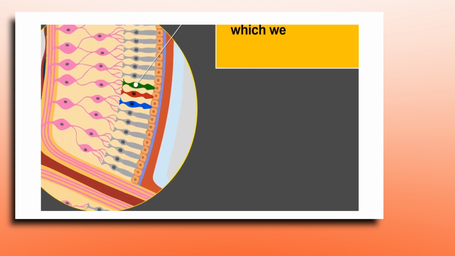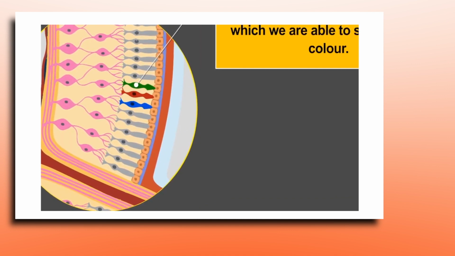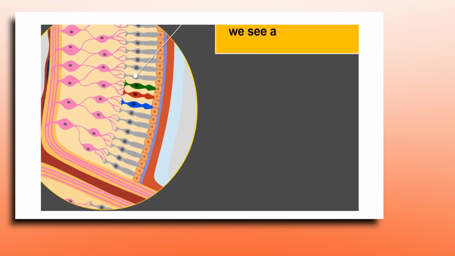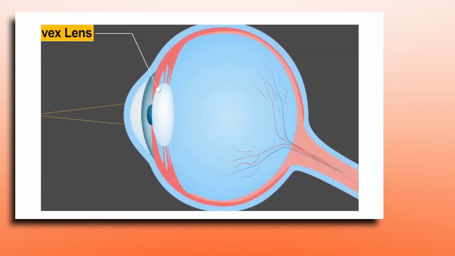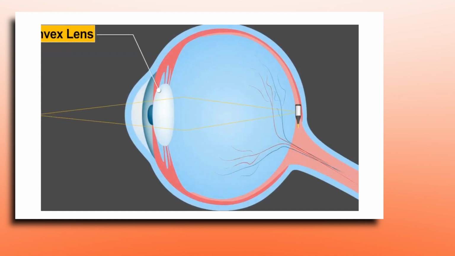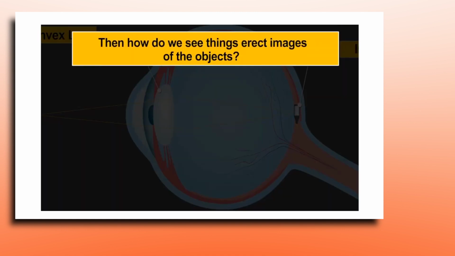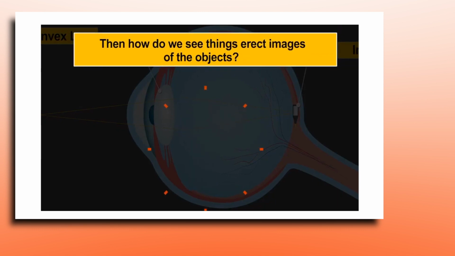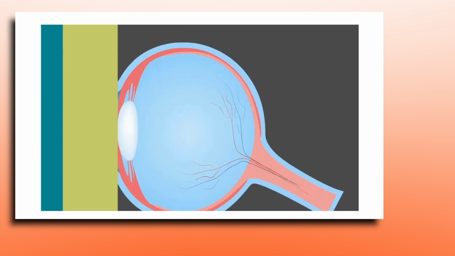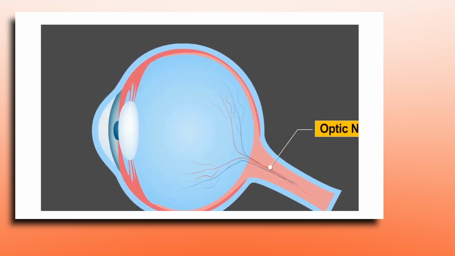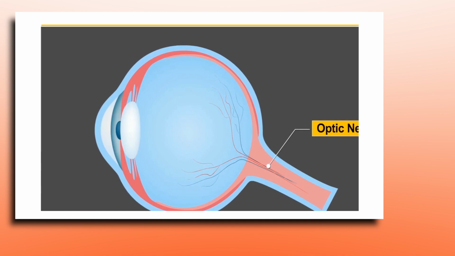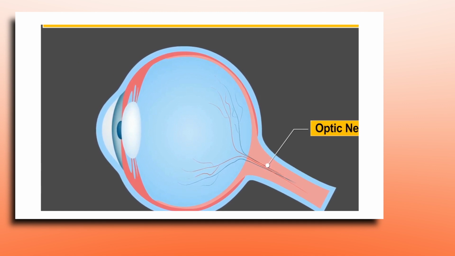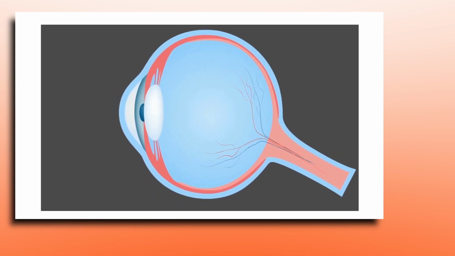From here, nerve impulses are carried through bipolar cells. There are certain bipolar cells on the retina. They carry impulses to the ganglions, to the optic nerve, and then through the optic nerve it goes to the occipital lobe of the brain. The brain identifies the inverted image and makes us see the image erect.